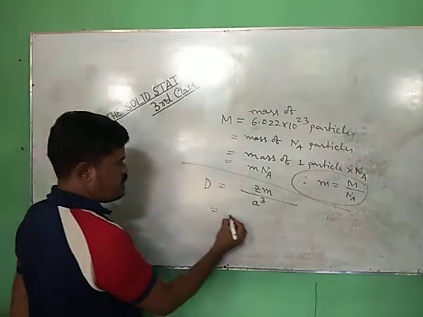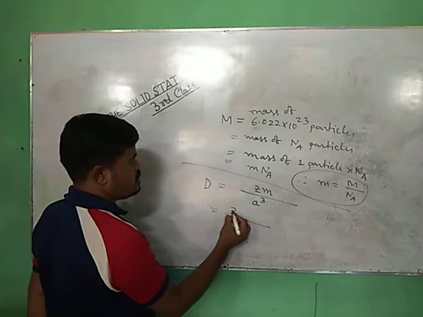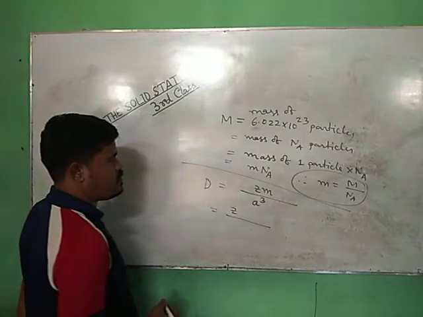So d is equal to zm by a³. z is already known for the three types of cubic unit cell.